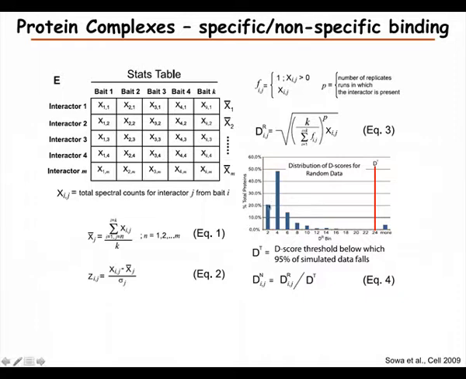This is one method where they look for outliers, and here they also do simulations to get the random distribution, to determine what would be a significant value, what would be a significant outlier.